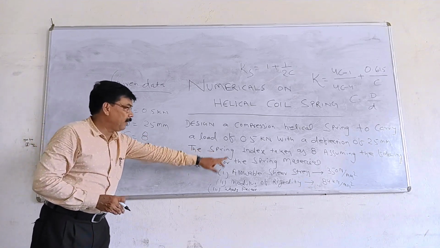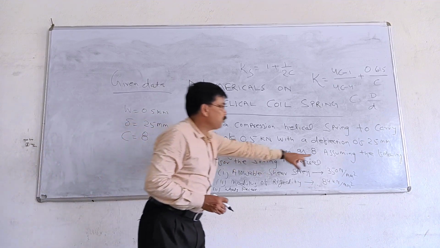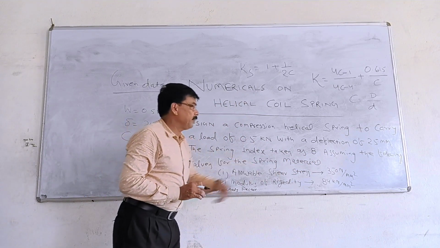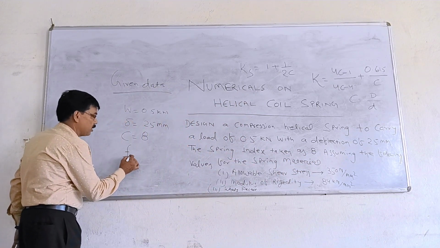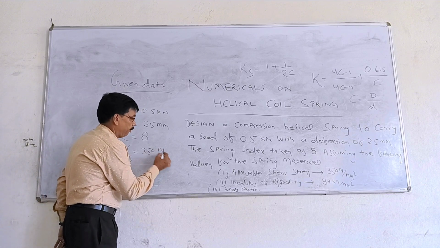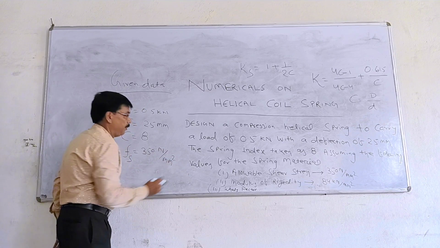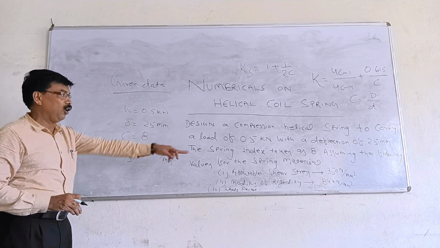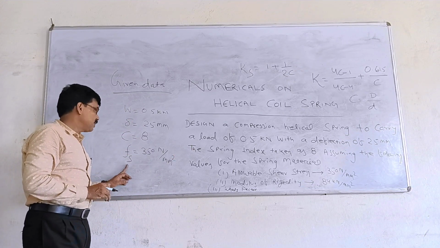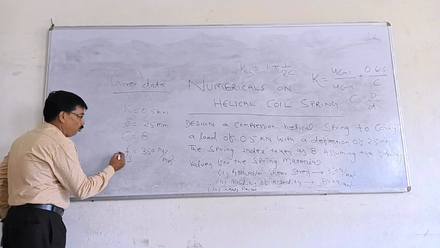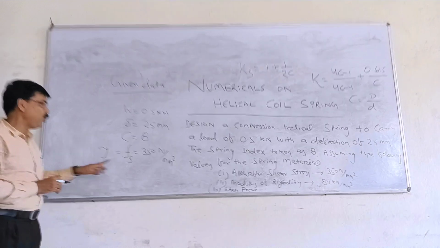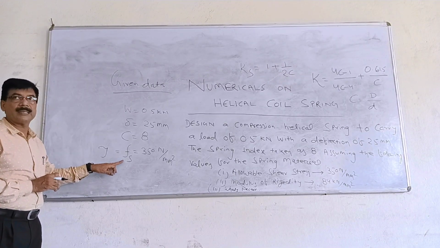Then for the material, the maximum allowable shear stress is given, that is Fs, 350 Newton per mm square. In some notations, the shear stress is given as tau, and different books use tau, but we are using Fs for shear stress.